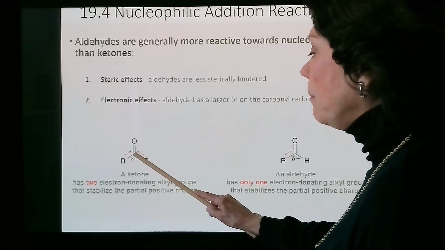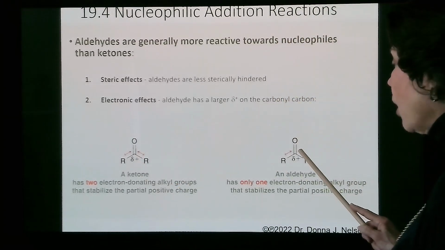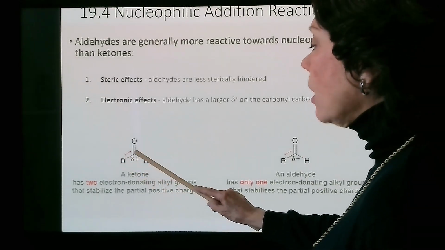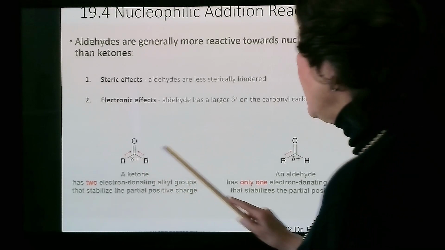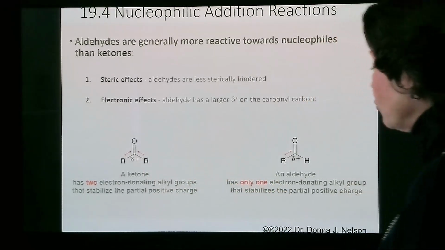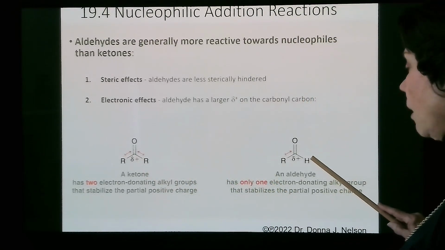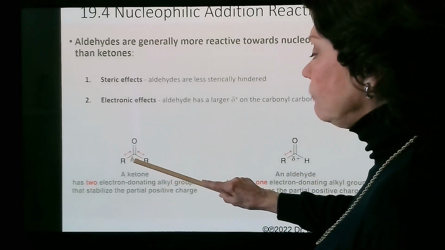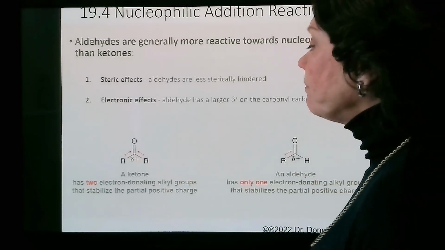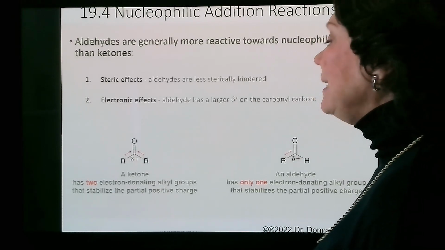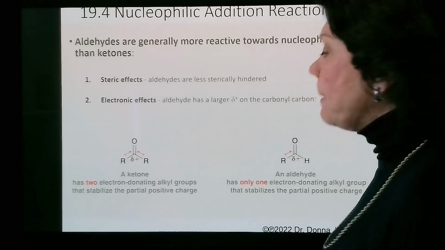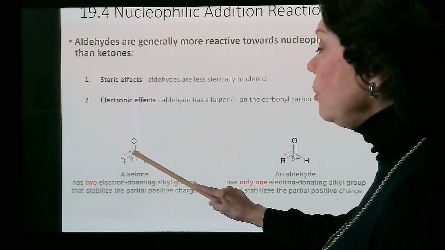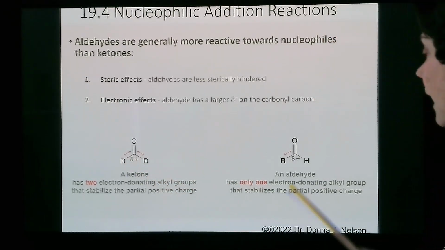The carbon is bearing a partial positive charge. This carbon is bearing a partial positive charge. The alkyl group is electron donating. Each alkyl group is electron donating, more so than a CH bond. And so the partial positive charge here on the carbon will be partially satisfied by electron density being donated from two alkyl groups.